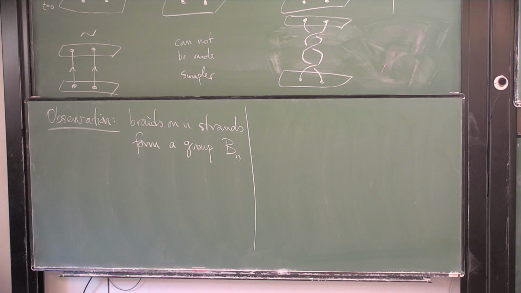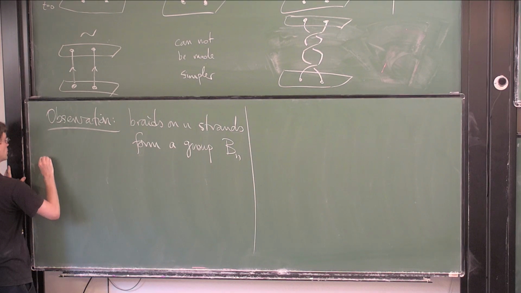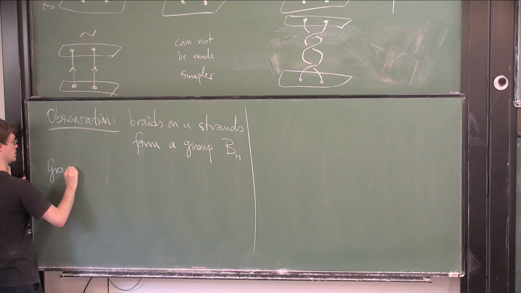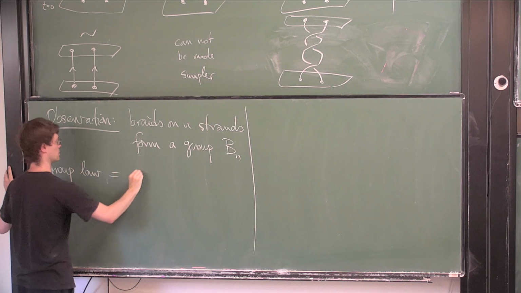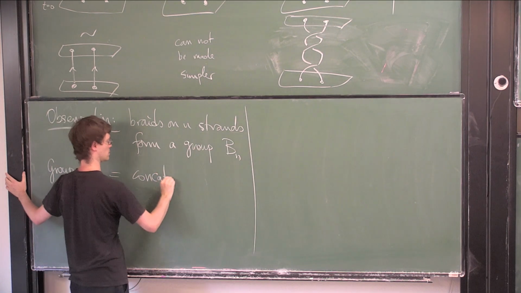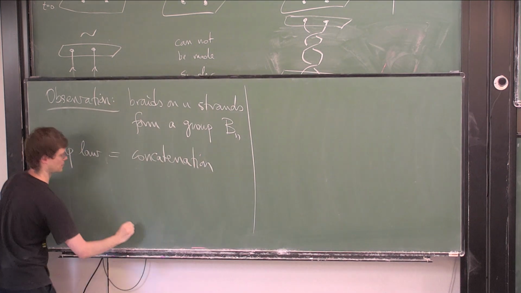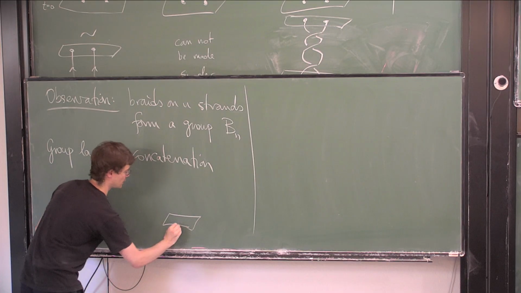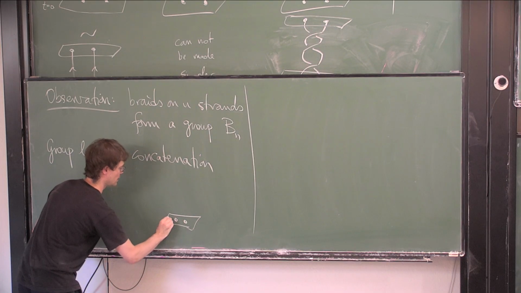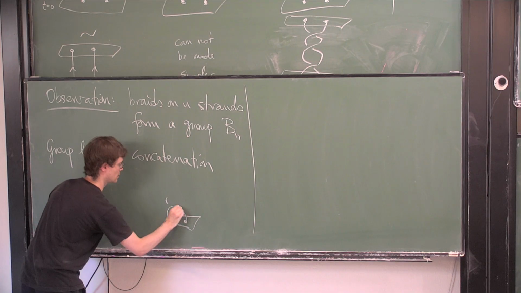So what's the group law? The group law is simply concatenation. You have one braid and another, and you can just put one after the other.